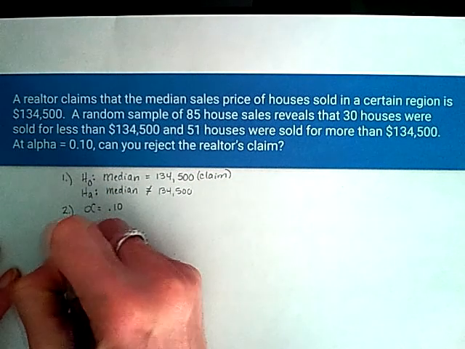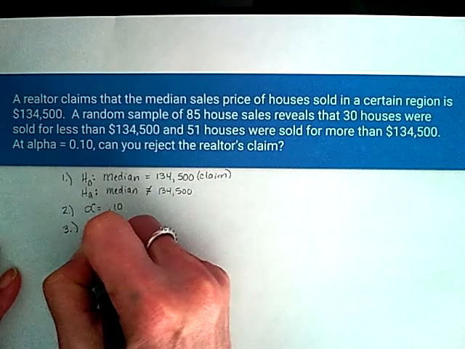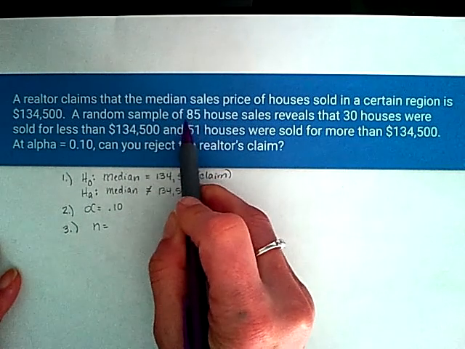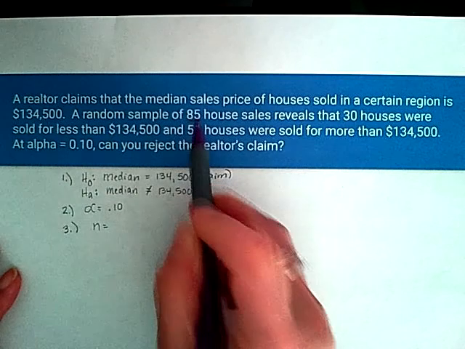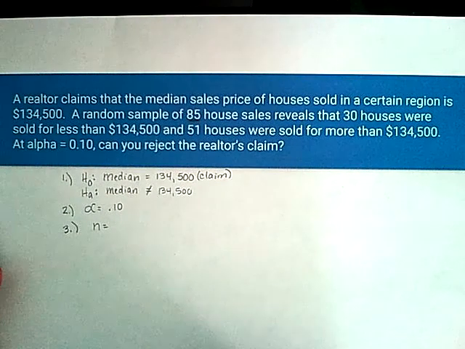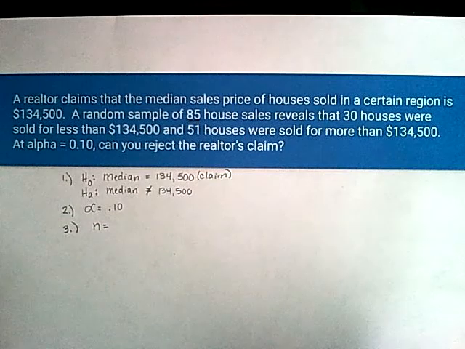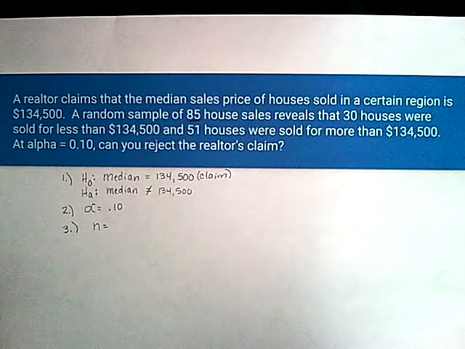All right, we're given that our alpha is equal to 0.10. So step 3, it says that our sample size is 85, but this is where we have to be careful, because we don't want to count any houses that are exactly the same as 134,500. We only want to count the houses that are either greater or less.